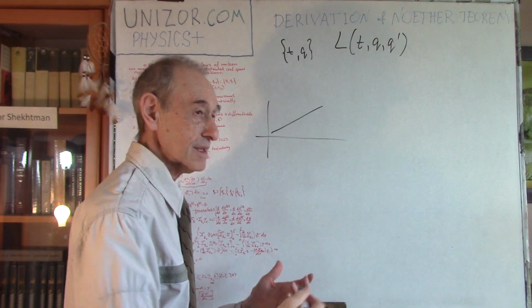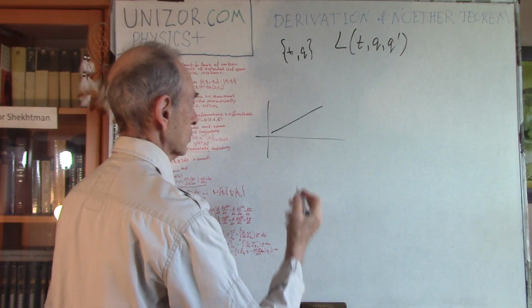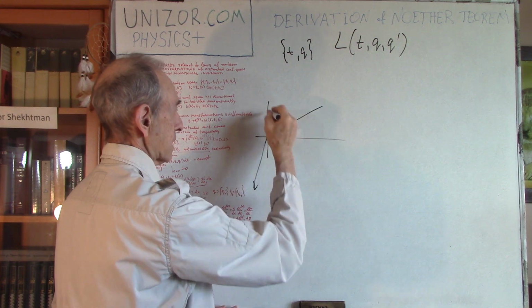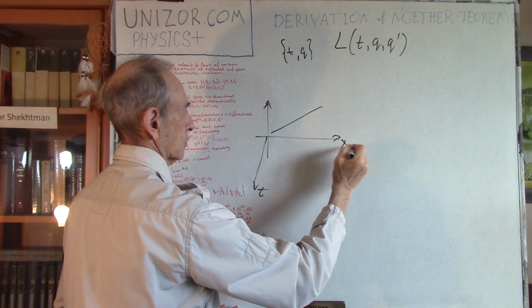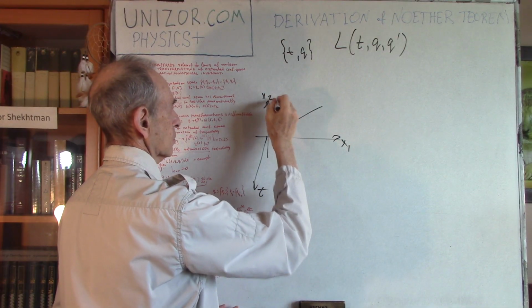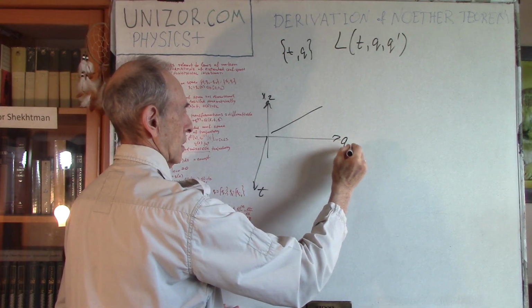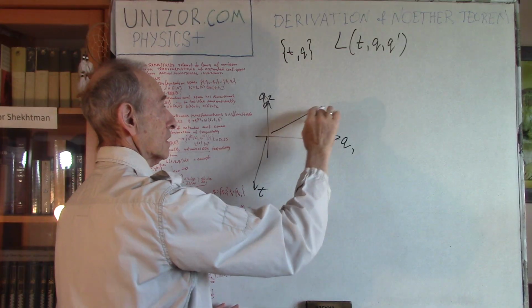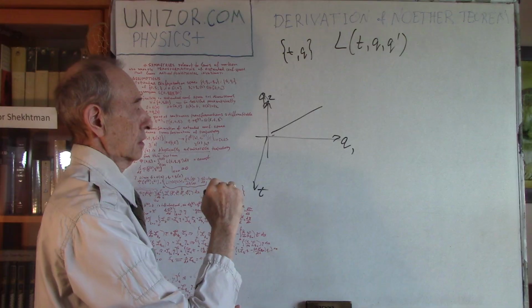So in extended configuration space, when you have not only space coordinates, but also the time coordinate, this would be x1, this would be x2, or rather q1 and q2. Then it's not really a line within the q1, q2 plane.